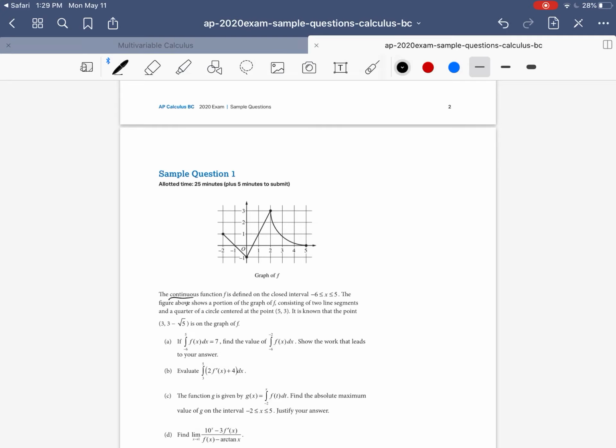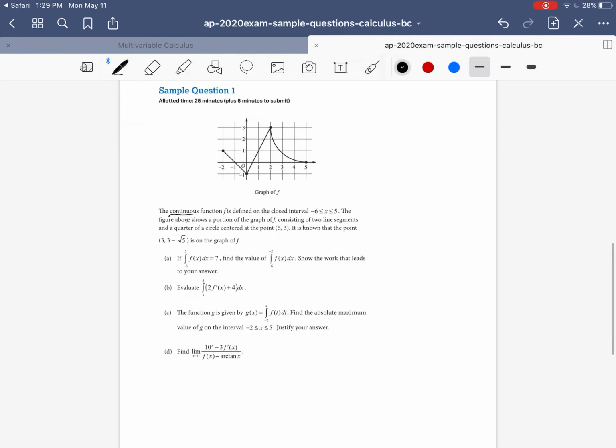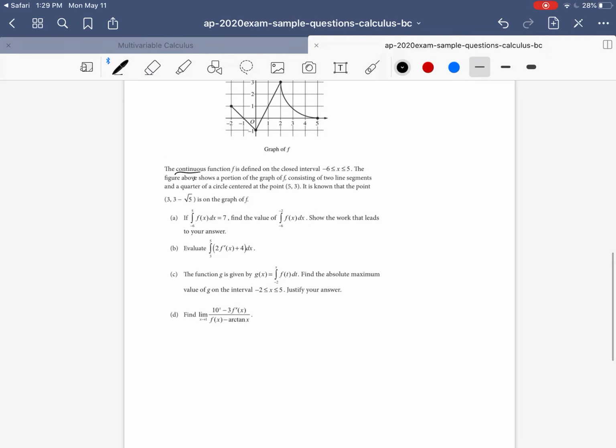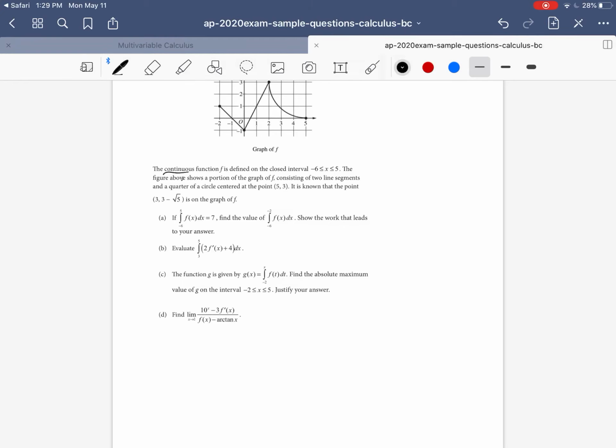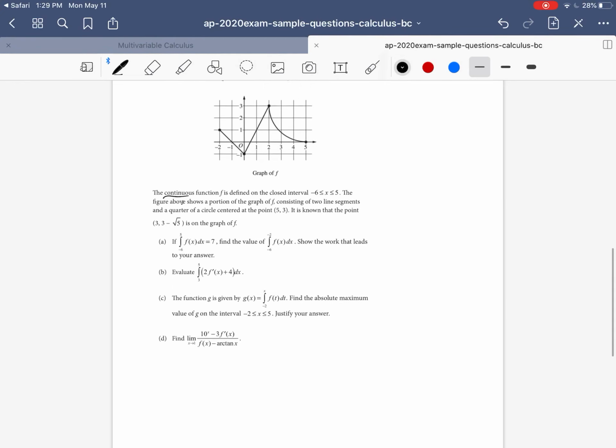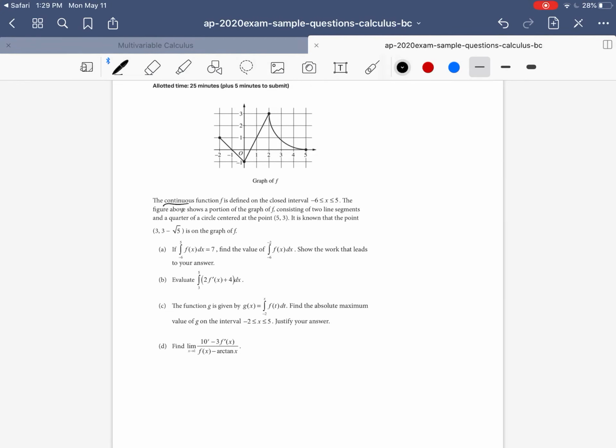Okay, number one. We have this continuous function, and we want to find the area, the integral from negative 6 to 5 of f of x dx. We're only given from negative 2 to 5, and we know this is what we want to find.